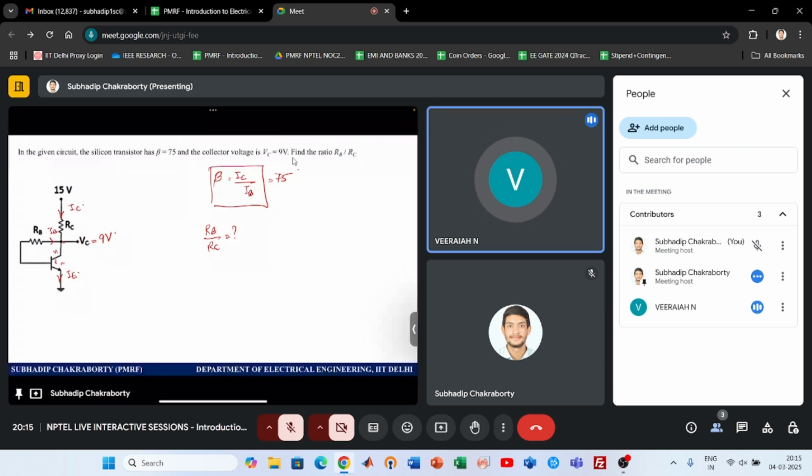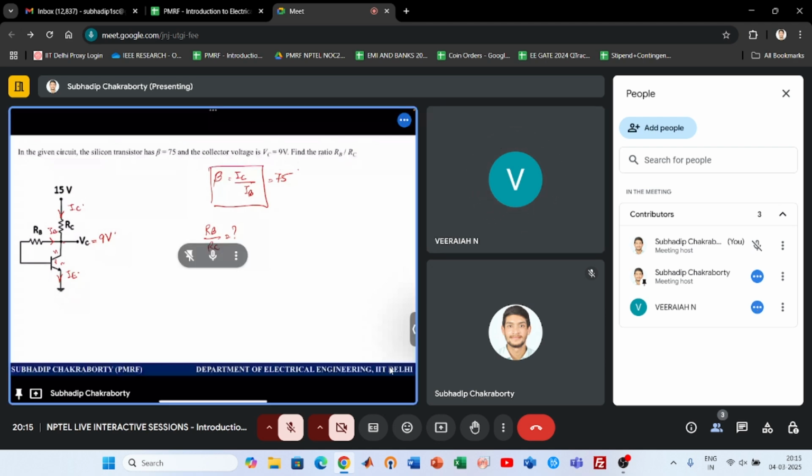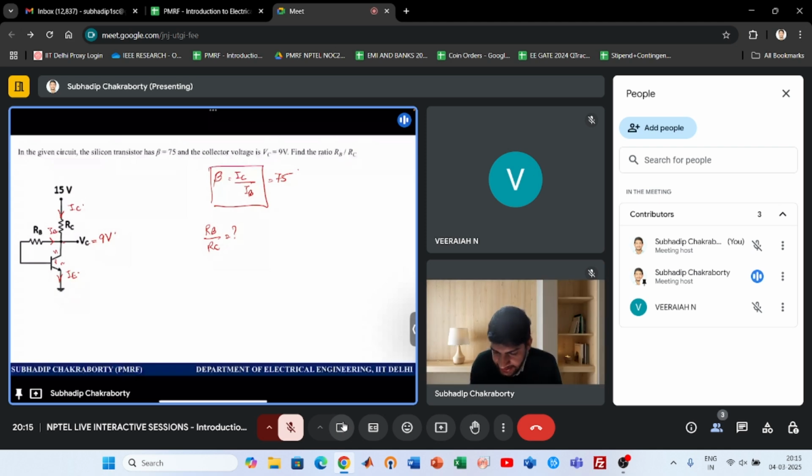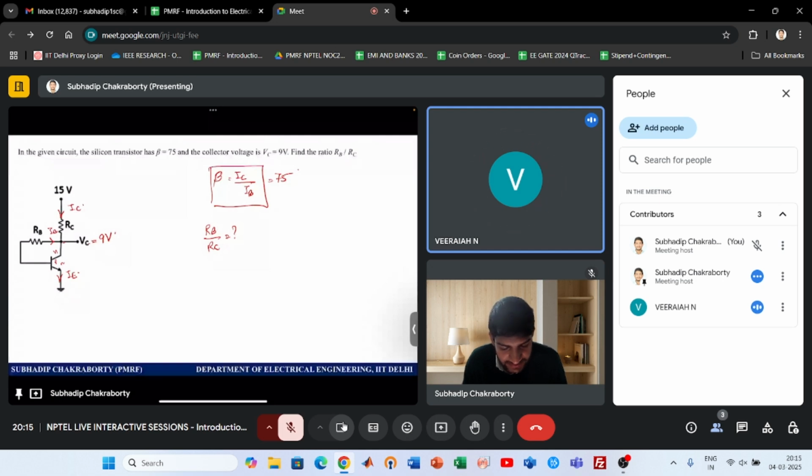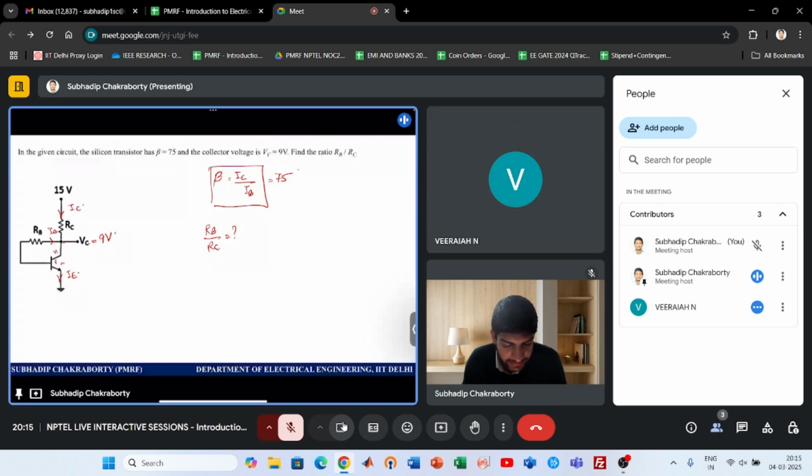Sir, IC equal to 15 minus 9 volts divided by RC.